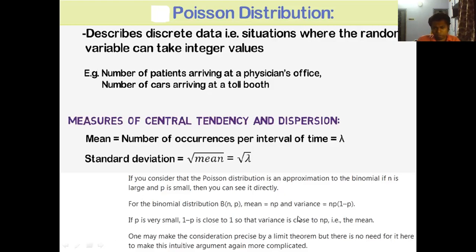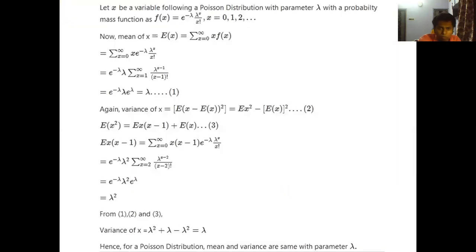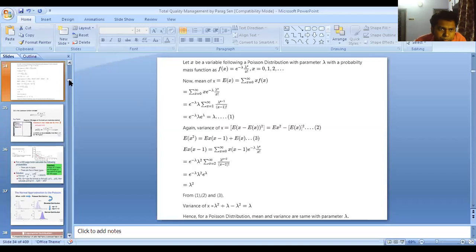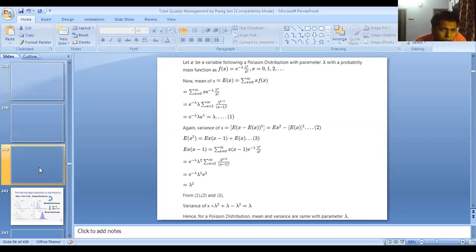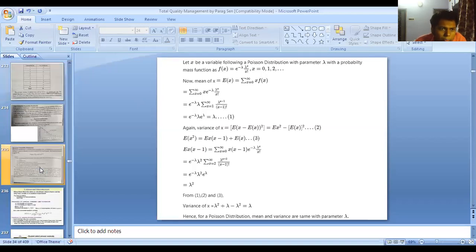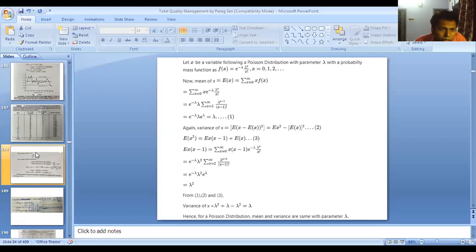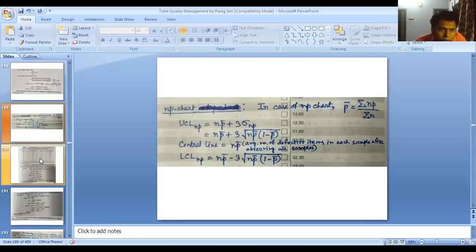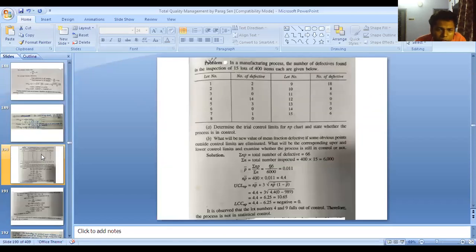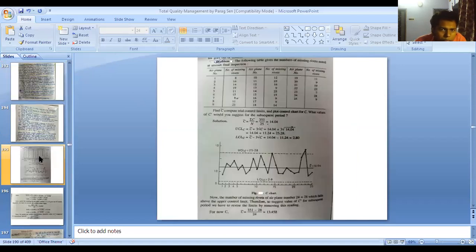If you want a more precise proof, then you can go for it. So this is the case for the C chart. Now we will discuss an example. We'll take a look at an example of C chart.